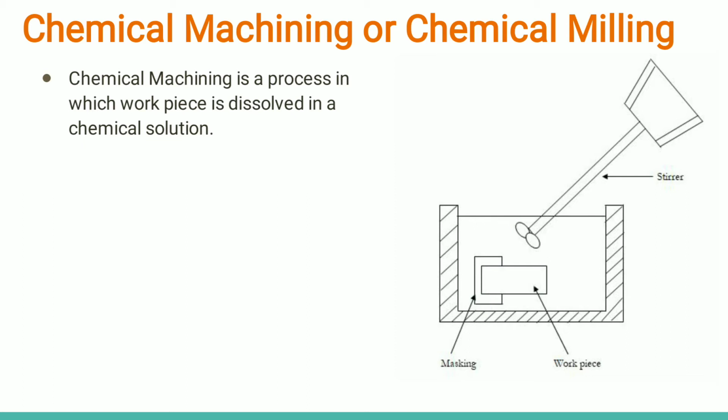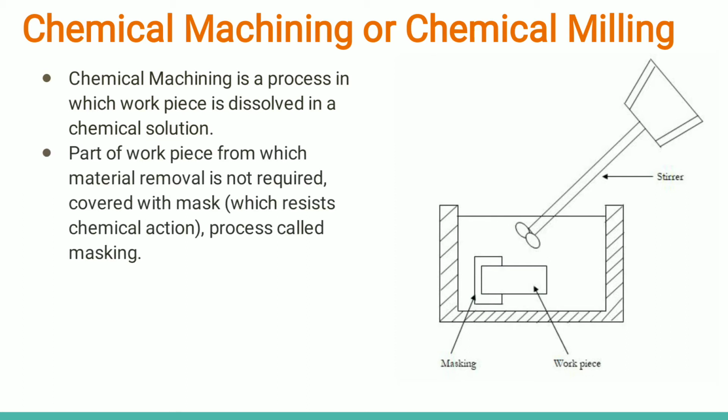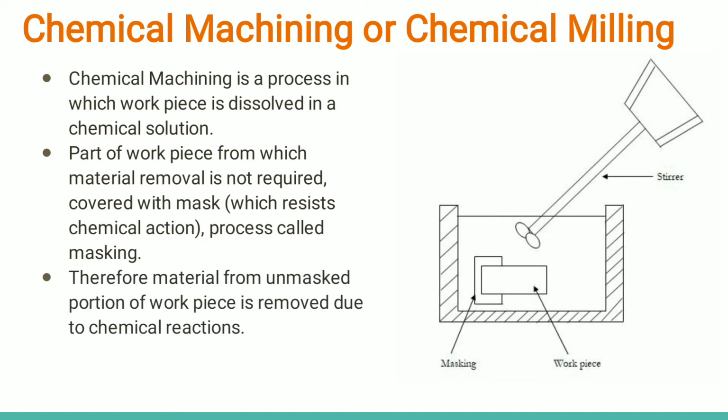The part of the workpiece from which material removal is not required is covered with a mask that resists chemical action; we call this process masking. Therefore, material from the unmasked portion of the workpiece is removed due to chemical reactions.